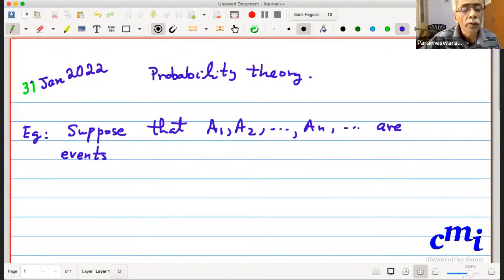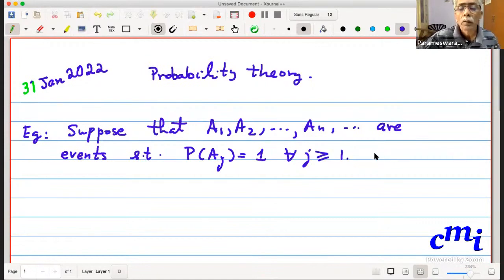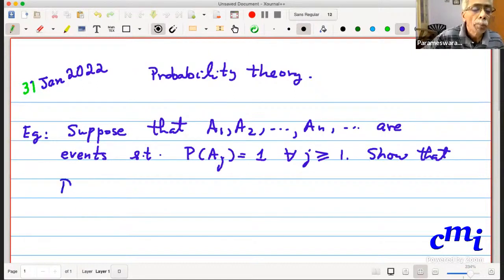Such that the probability of each Aj is equal to 1 for every j. Show that the probability of the intersection of Aj is also equal to 1. And here j goes from 1 to infinity.